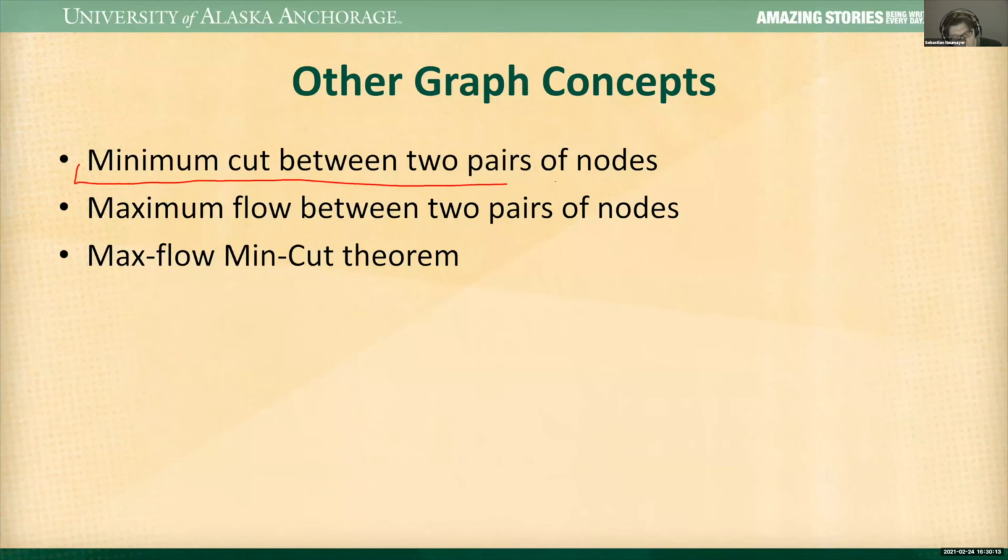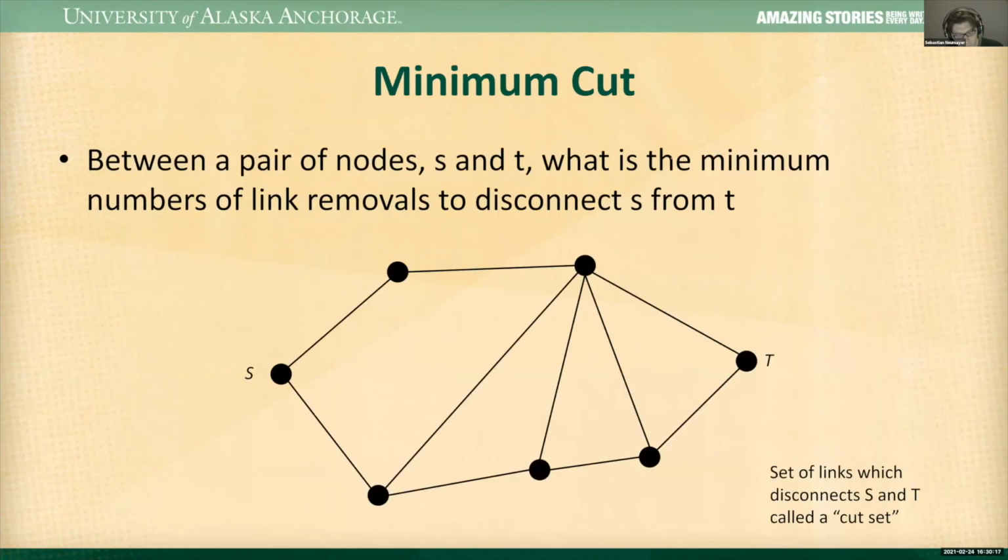So the minimum cut between two pairs of nodes is just if I have two nodes, S and T in a graph, say this is the cathedral and this is the science museum. And we're looking at a graph now. How many road closures would be required in order to prevent you from going from the cathedral to the science museum?